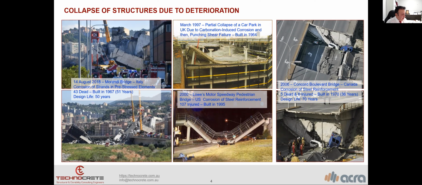On the left-hand side, we can see the Morandi Bridge in Italy, which collapsed in 2018 due to corrosion of strands in piers number 9 and 10, and 43 people died, with 51 years of service life, and the design life had been 50 years.